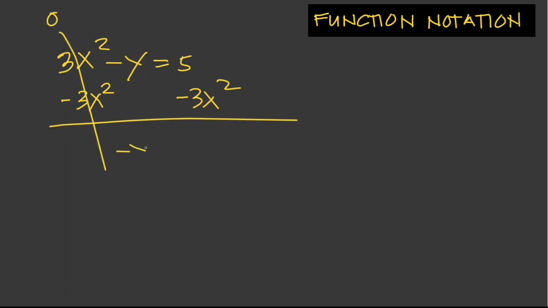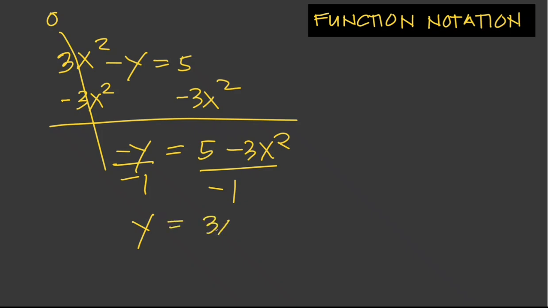We are left with negative y equals 5 minus 3x squared. Dividing both sides by -1, this becomes y equals 3x squared minus 5. There's only one solution for y here, so this relationship between x and y is a function.